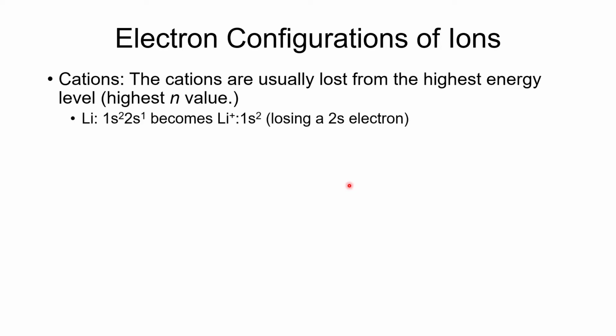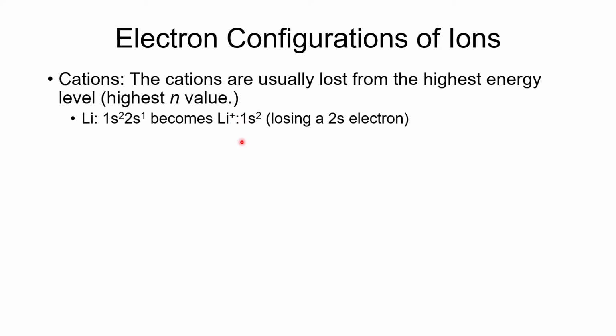Just as an example, this one is really easy. From lithium, we have 1s2, 2s1. We always remove one electron from lithium when we make the lithium ion, and that electron is going to come from the 2s level, leaving us with just 1s2 as the electron configuration for lithium ion.